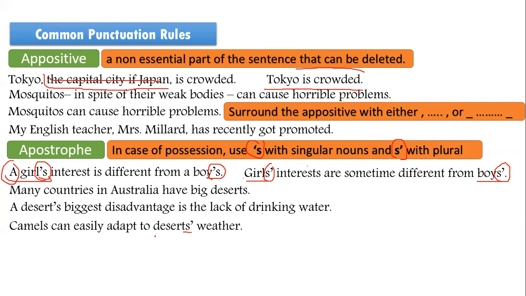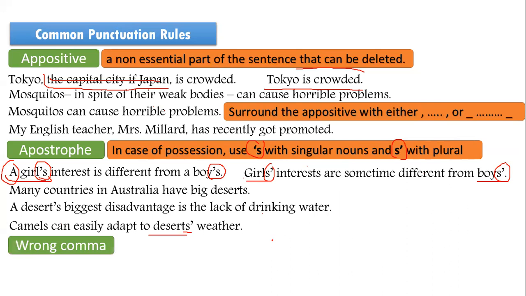If I mean many deserts in general, and I mean the weather of the deserts in general, don't you think in this case the word deserts is plural, and with plural we add the apostrophe after the S? I didn't say a desert, I said deserts in general. So that's why it is correct. It has no mistake. So be careful whenever you're using an apostrophe, make sure you're correctly using it.